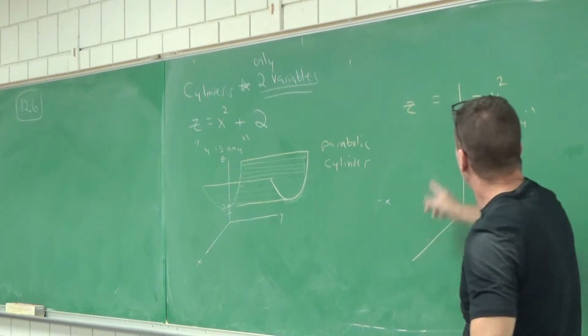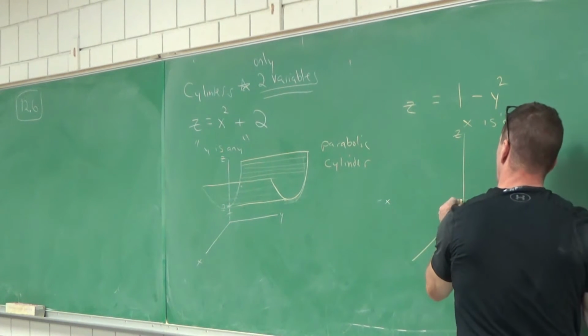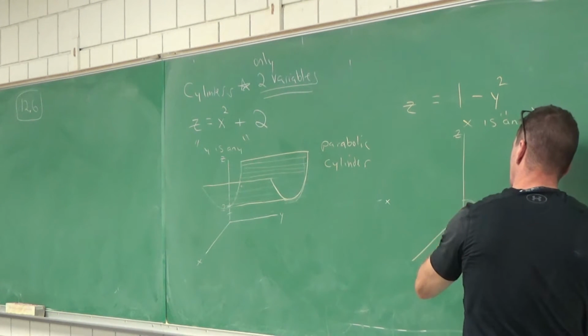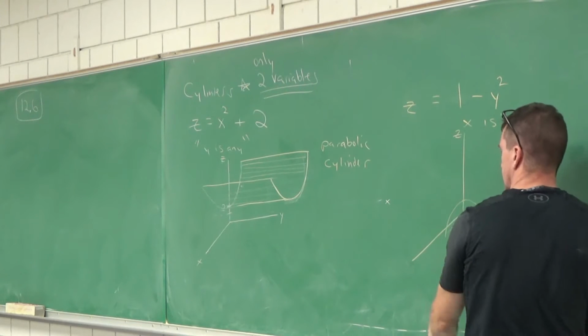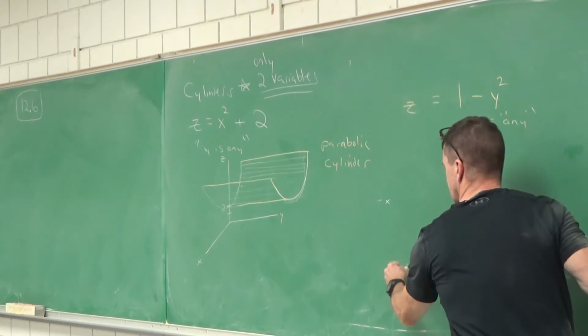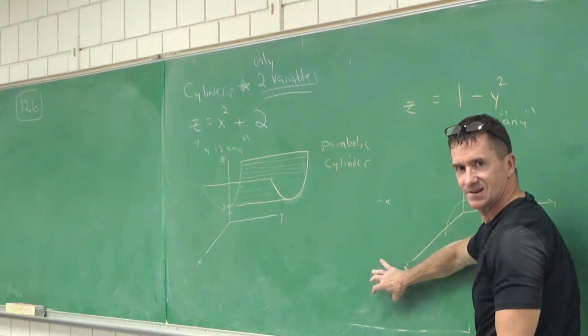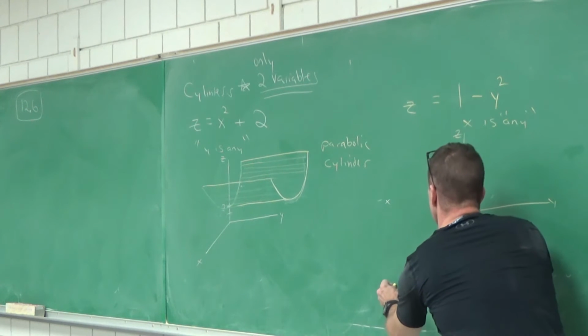I'll do this in the z and y plane, and here's z, here's y. I'm going to go up here and just kind of what? So far so good? This is the x-axis. Where can I make another trace? Somewhere down the x-axis, right? Because x takes on anything. Here, just make another trace.